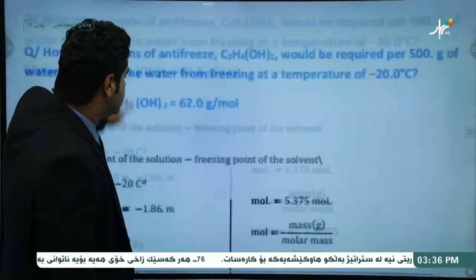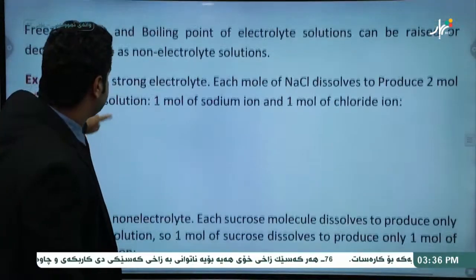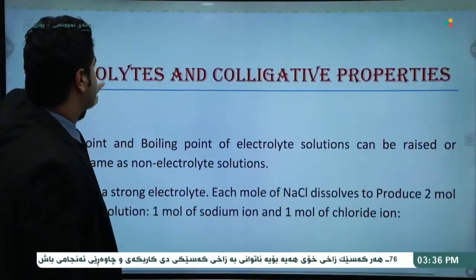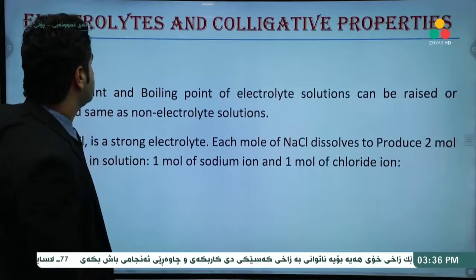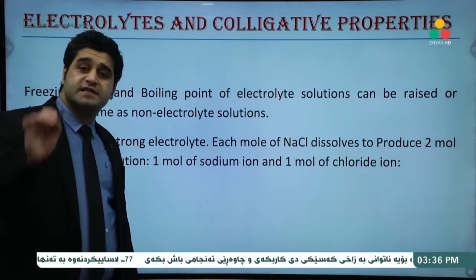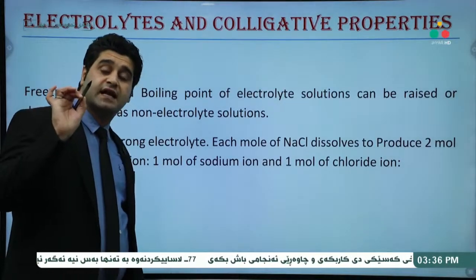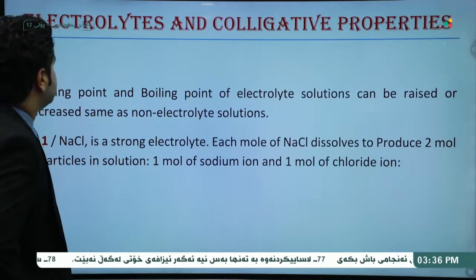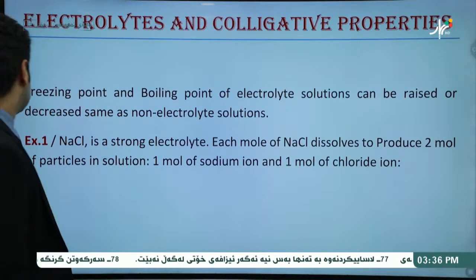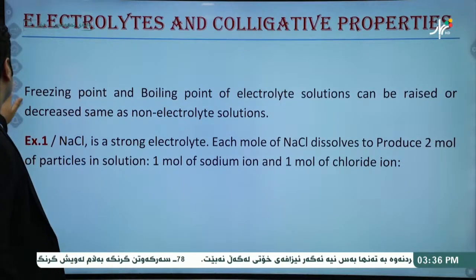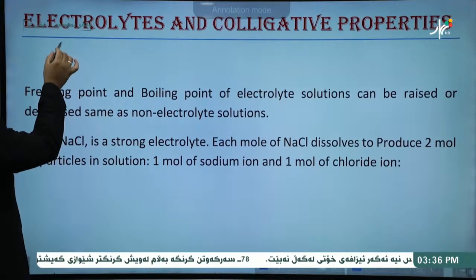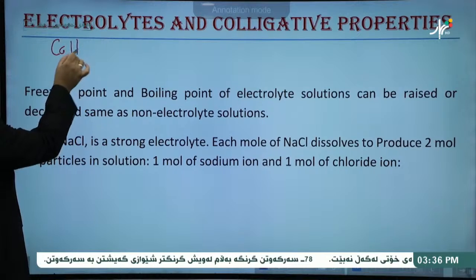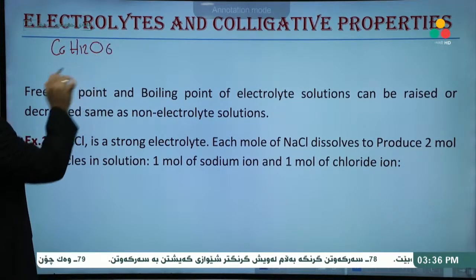I don't want to talk about boiling point more because everything is the same. Now, do you remember I told you that you have to indicate whether the solute is electrolyte or not? Well, let's study electrolyte and colligative properties. First of all, we have sugar as a non-electrolyte, for example C6H12O6.